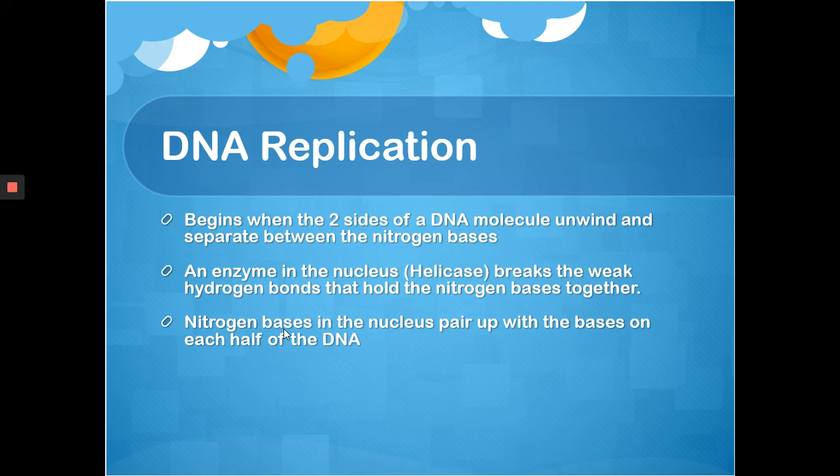Also inside the nucleus of a cell, there are free-floating nitrogen bases. So we have adenine floating around and thymine and guanine and cytosine, and they're all just kind of floating around in the nucleus. And then when the DNA splits, that creates an opening.